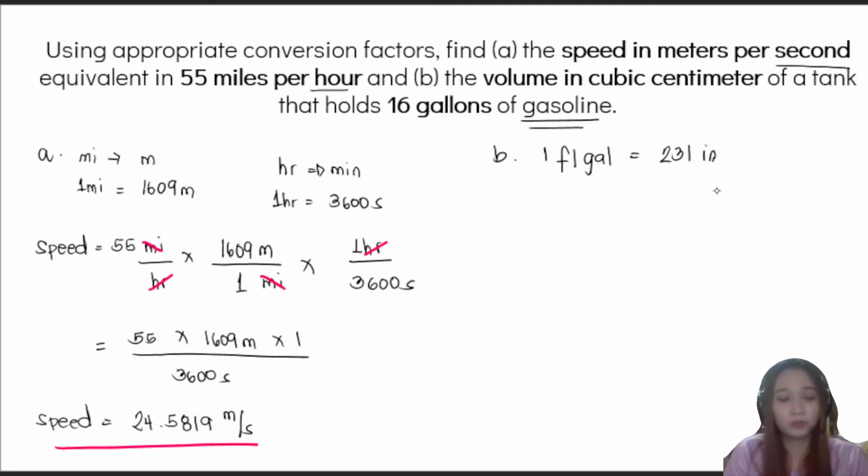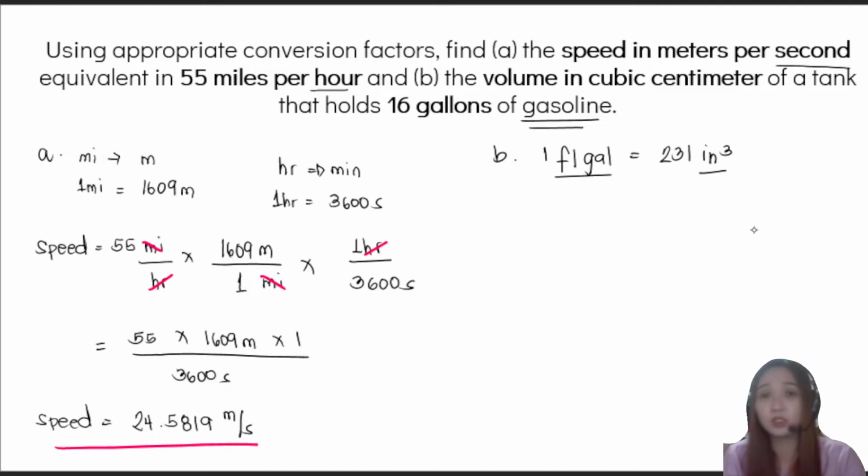Ma'am, why did you use inches? Because gallon is in the imperial system. So when you convert it, you also need to use imperial units. And the inch is the base unit when you are in the imperial system, similar to how meters is the base unit of other systems.